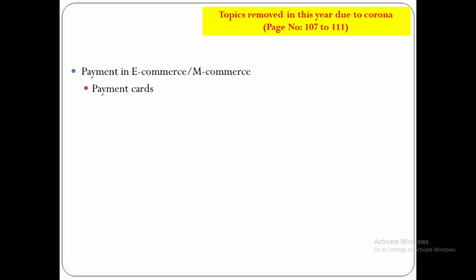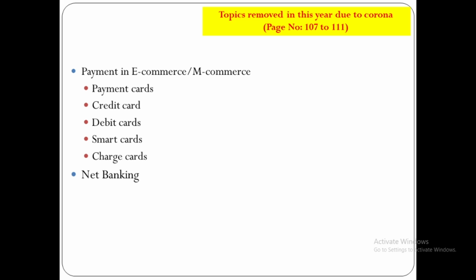So various means of payments: payment cards, credit cards, debit cards, smart cards, charge cards, net banking facility, electronic funds transfer, e-wallet. So all these topics have been removed. RuPay, the last one.